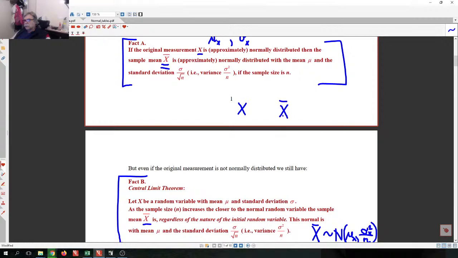So basically, fact A and fact B are making the same conclusion. Fact A requires this one to be normal. Fact B doesn't ask for that, but it asks for a large sample. Okay, so there's a trade-off. You don't need to have this one normal, but in that case you need to have a large sample.